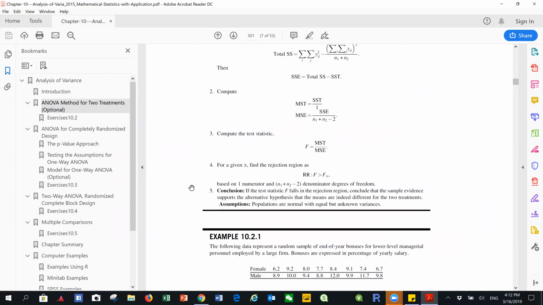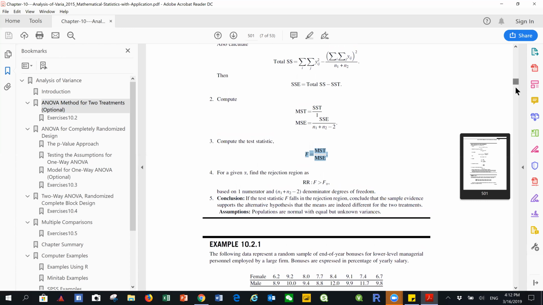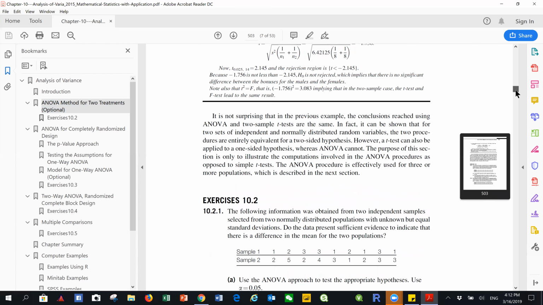But I remember the test statistic should also be able to be derived as a t. Let me see. It is not surprising that in the previous example, the conclusion reached using ANOVA and the two-sample t-test are the same.